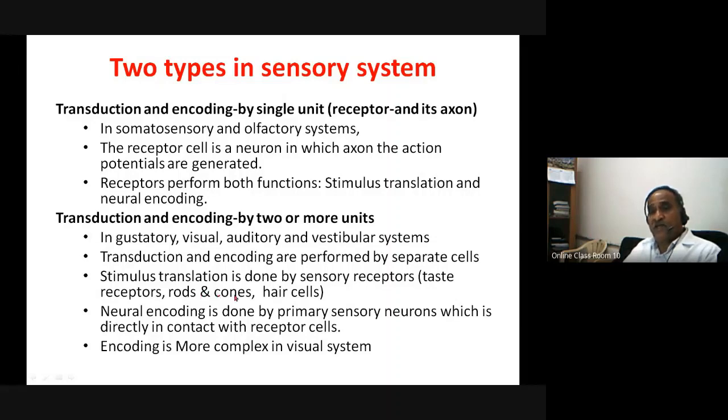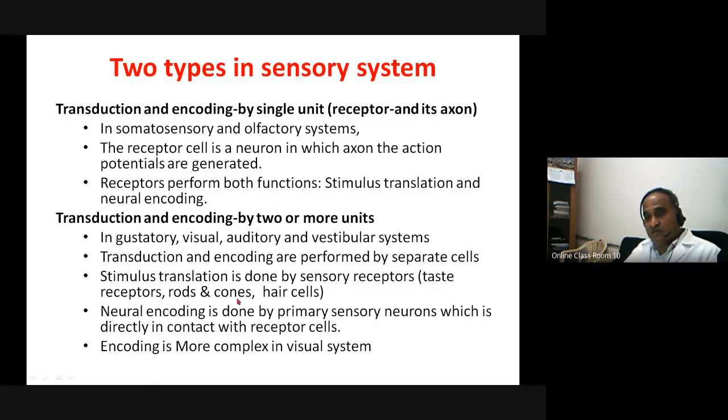After that, the encoding is done by the bipolar cells or the ganglion cells. So the transduction and encoding are performed by separate cells. The stimulus translation is done by the sensory receptors. For example, in a taste bud, the epithelial cells have 5 different classes which detect 5 different taste sensations.